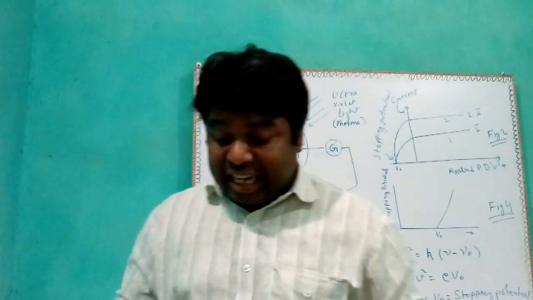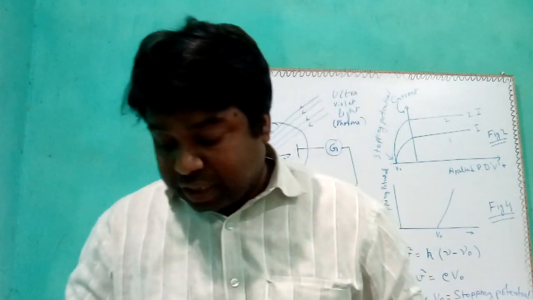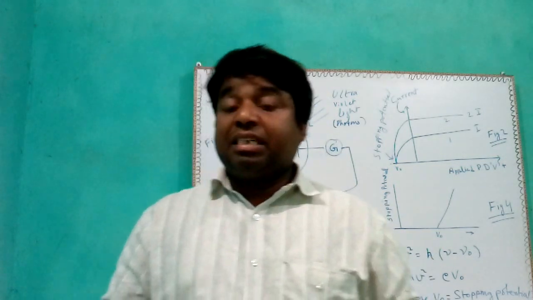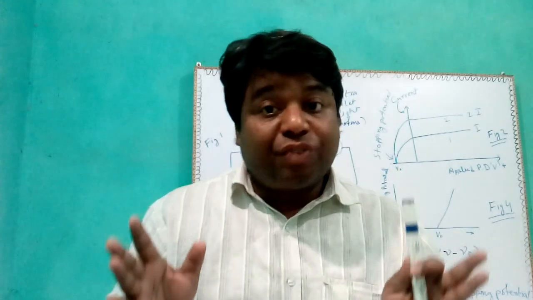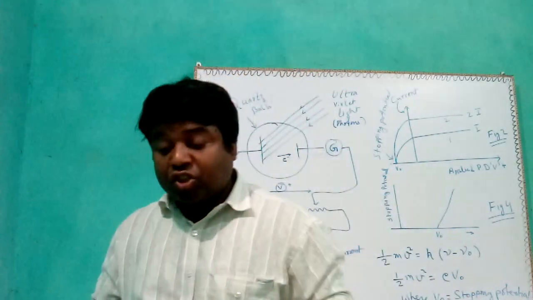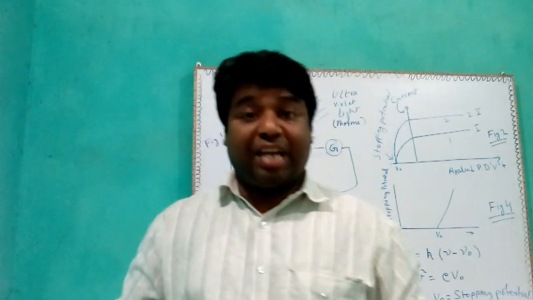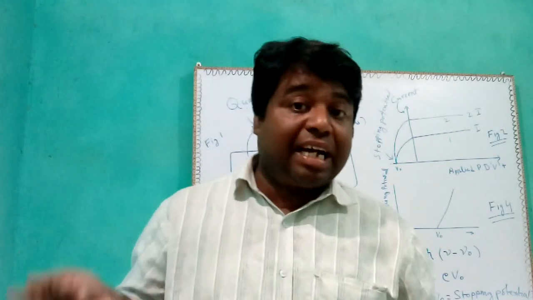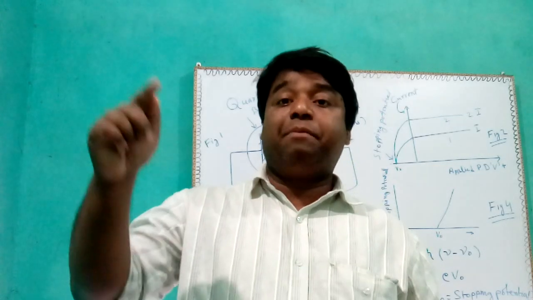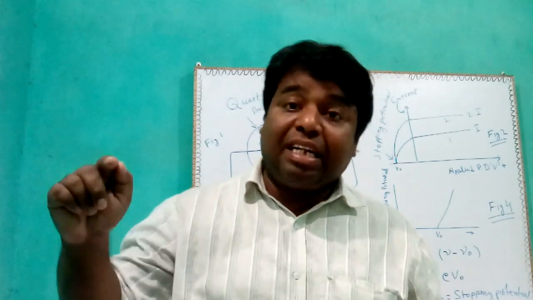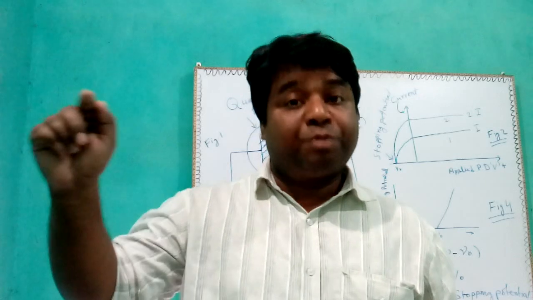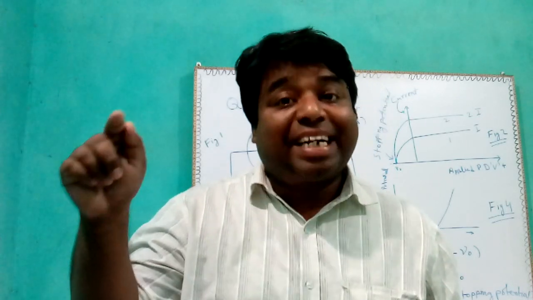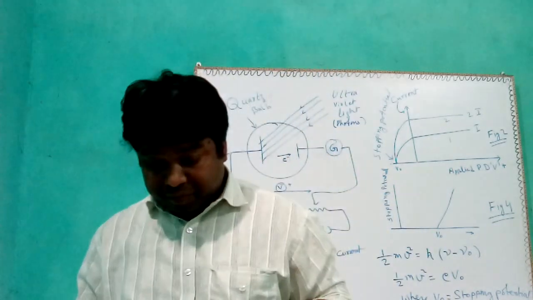So if you see, the stopping potential and the frequency are different, but one thing is very clear: all these show linear behavior with the photon energy. Once the electron starts coming out of the material, the more the photon energy, the more will be the energy of the ejected electrons.